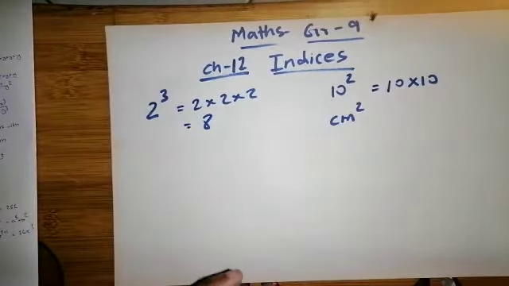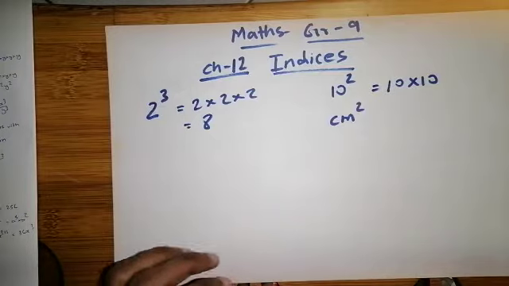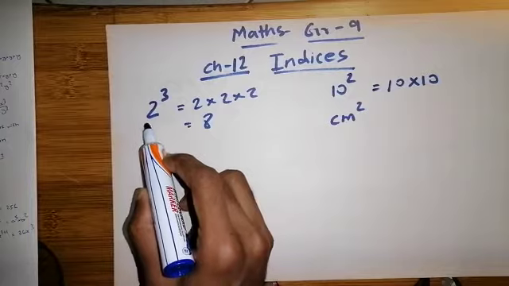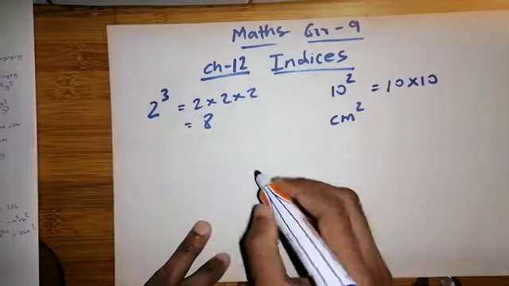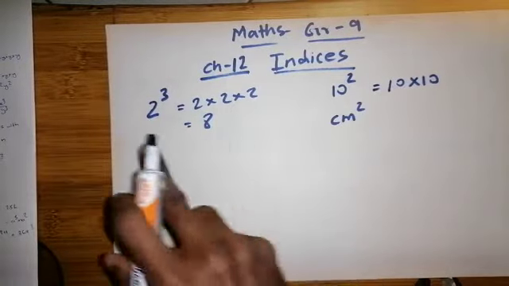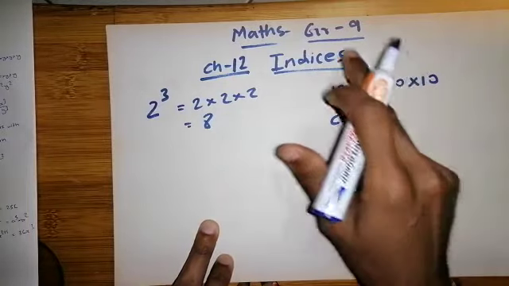So we studied it earlier like this in grade 8. Now we come to grade 9. What do we call the number below and the number above here? We call it power form. That's why we say 2 to the power 3, 10 to the power 2, that is power form.